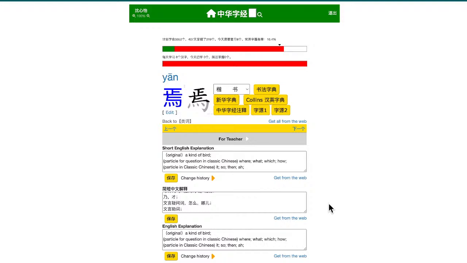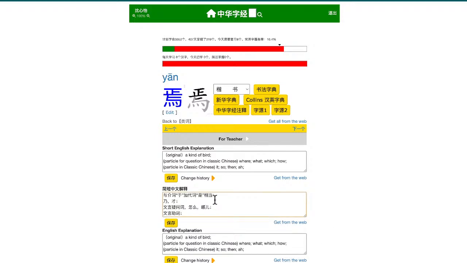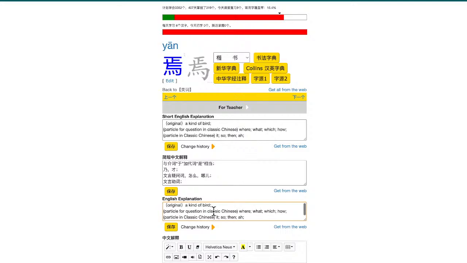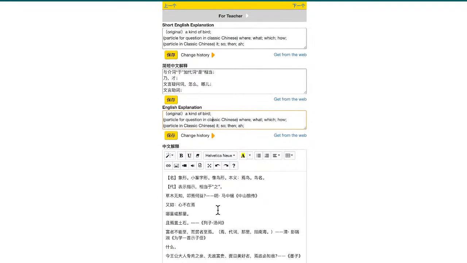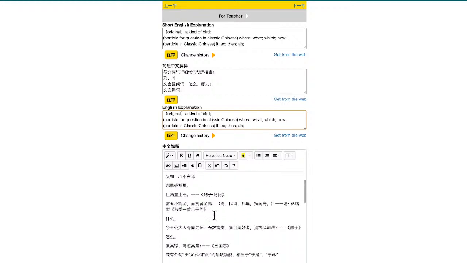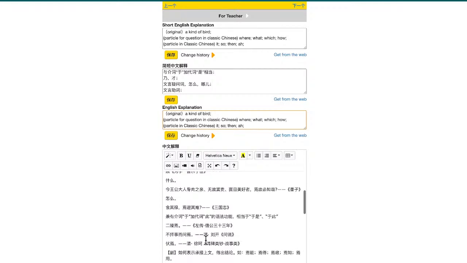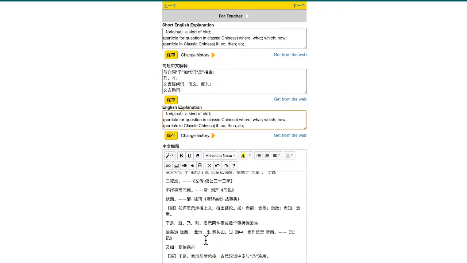Also it's a particle in classic Chinese which means it, so, then, that kind of thing. So it's a common word in classic Chinese, and in modern Chinese they don't really use this character. 不择事而问焉. 焉得怎么能够得出结论?